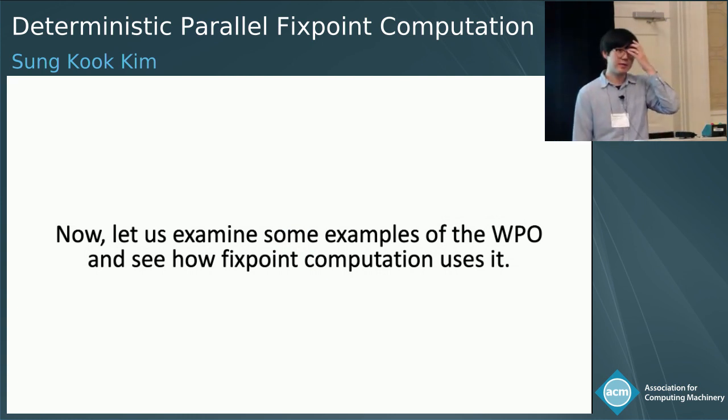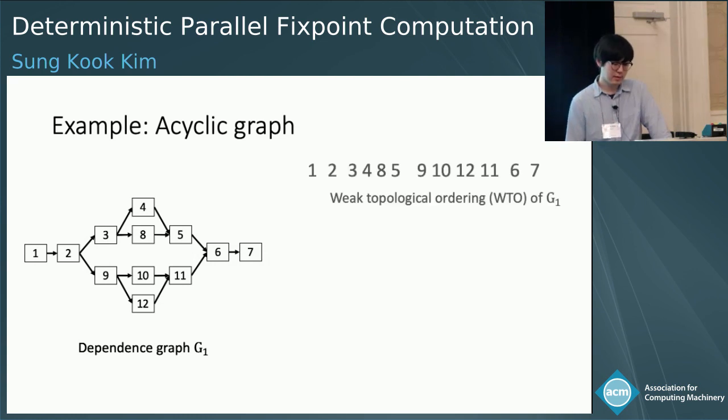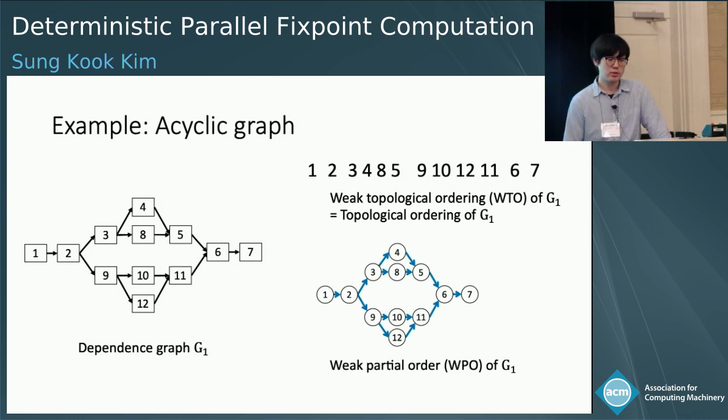Now, let us examine some examples of the WPO and see how fixed point computation uses it. So we start with an acyclic graph. The WTO of this graph will just be the topological ordering of the graph. And the weak partial ordering of this graph will be just the same as the original graph.